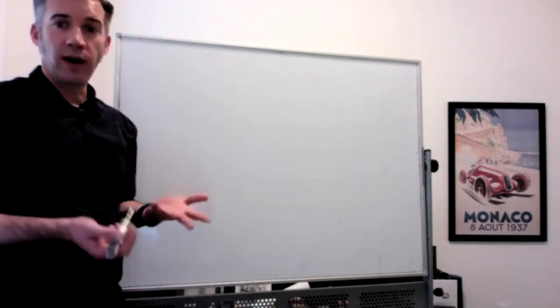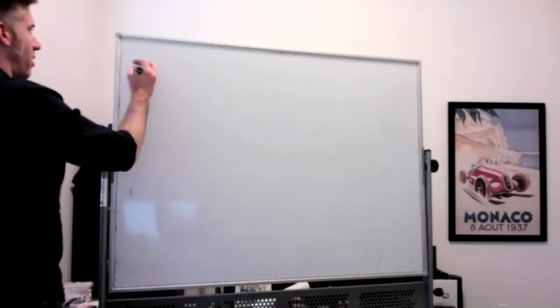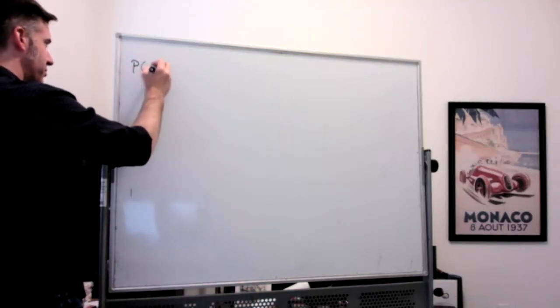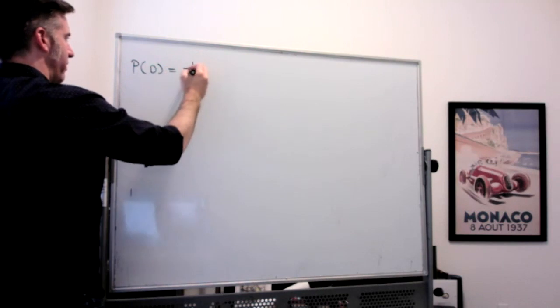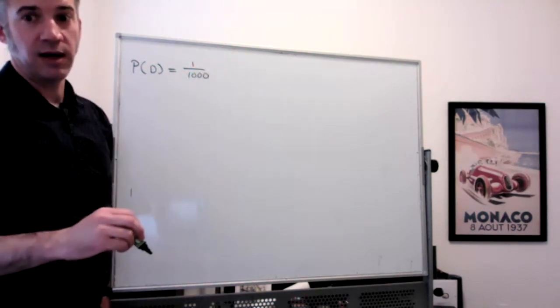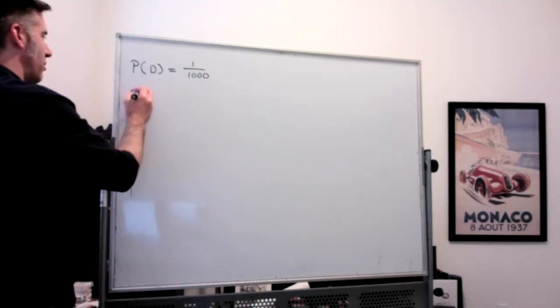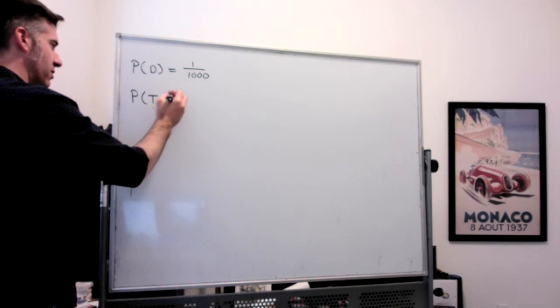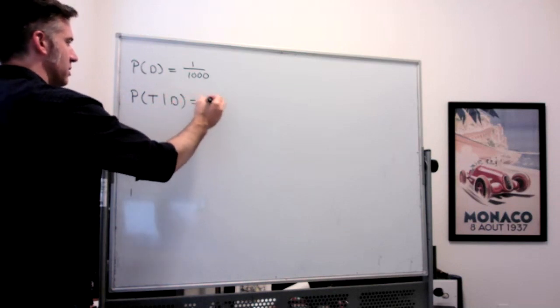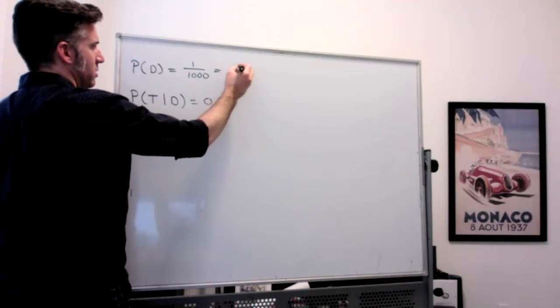So a rare disease affects one out of every 1,000 people. So we know that the probability of this disease is 1 out of 1,000. I suppose I should write this as a decimal. It's 0.001. A blood test is positive 99% of the time when the disease is actually present. So the probability of a positive test, given that you have the disease, is 0.99.